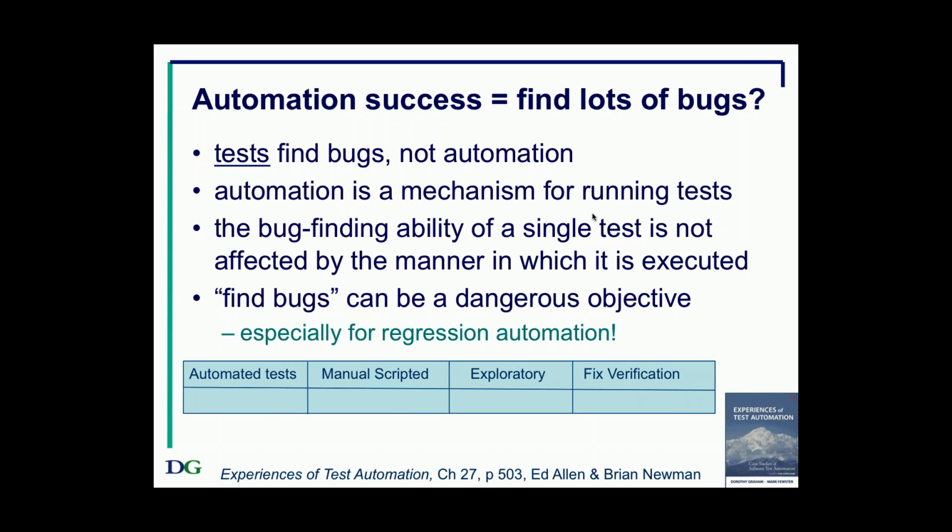One of the case studies in our book about experiences of test automation, this is chapter 27, Ed Allen and Brian Newman. They actually did a study of a couple of thousand bugs over several years to find out which types of testing found the most bugs for them. And so distributing 100% between the four boxes, it's not 25% each, but I'll give you a hint that the fixed verification found only 8.4%, and the manual scripted testing found 24%.